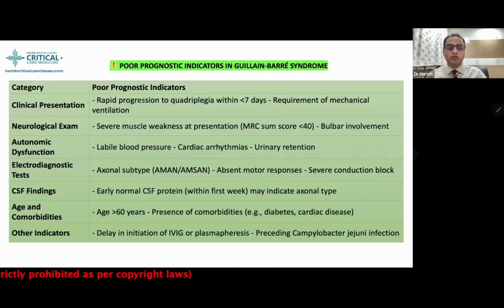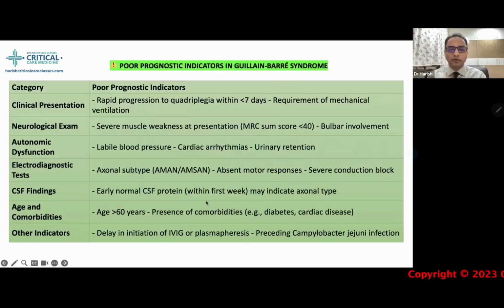Electrodiagnostic tests: if they have an axonal subtype, AMAN or AMSAN, both motor or sensory, absent motor response or severe conduction block also suggests a poor prognosis. CSF: early normal CSF protein within the first week may indicate the axonal type, which is a poor prognosis.